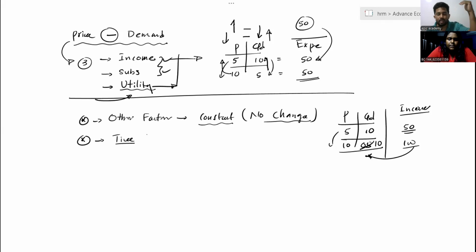When the price increases, quantity demanded decreases. When the price decreases, quantity demanded increases. The negative relationship between price and the quantity created by the effect of income. That's the meaning of income effect.